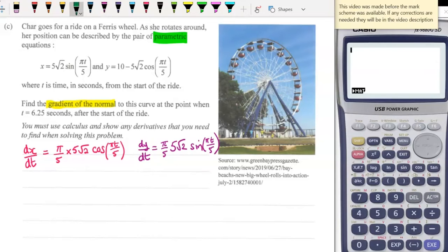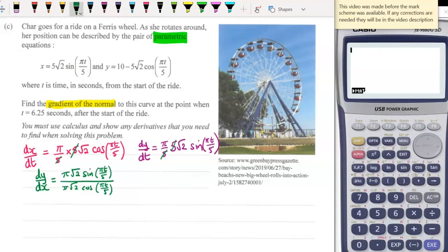So then dy by dx is to take the dy part. Now that 5 is going to cancel in both of those, so we can cancel that off. We've got pi root 2 sine of pi t by 5 all over the x part, so that is pi root 2 cos of pi t over 5.